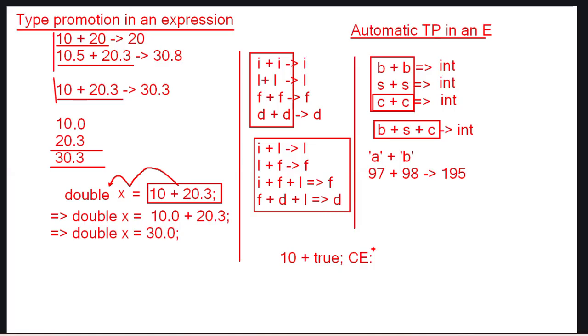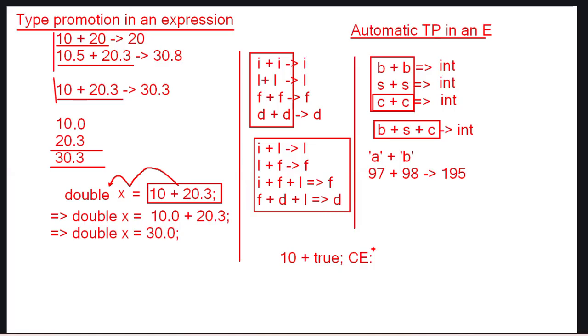If you want to store the result of this expression in a variable, the variable type should be the highest range data type used in the expression. Next, int plus int, result is int; long plus long, long; float plus float, float; double plus double, double; int plus float, float; long plus float, float; long plus float plus int plus double is double.